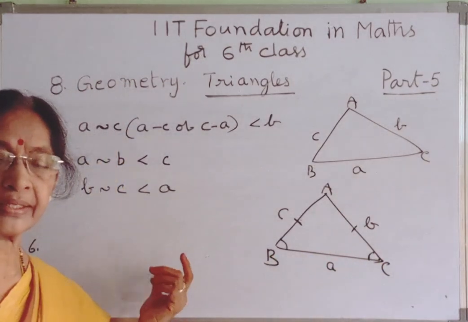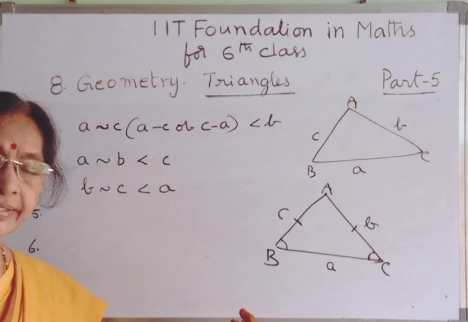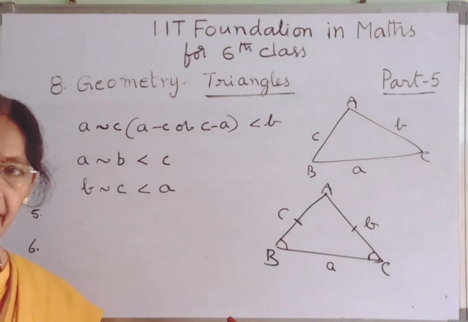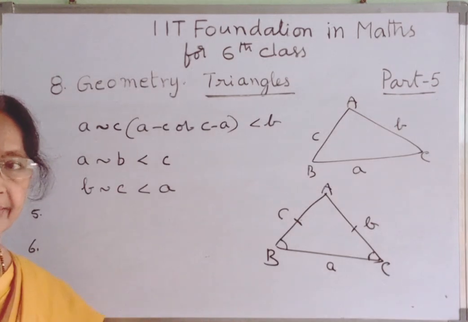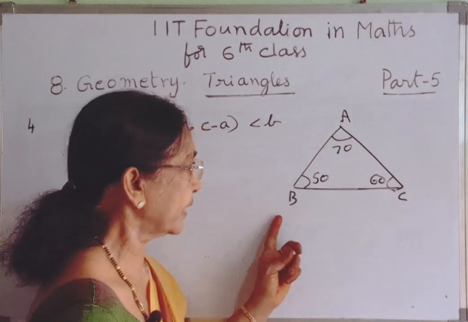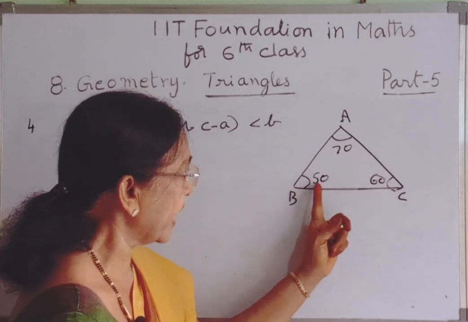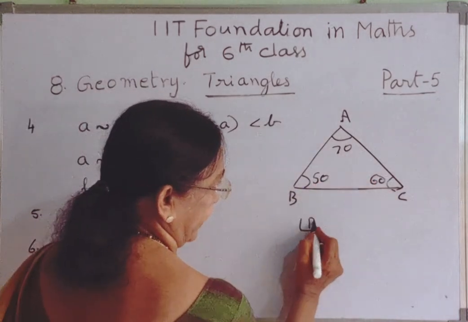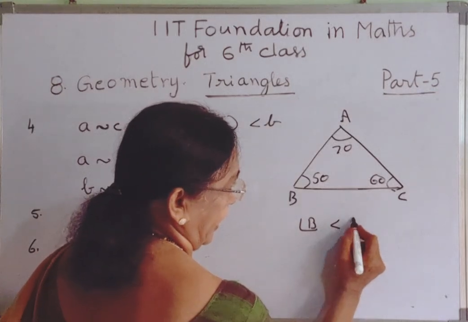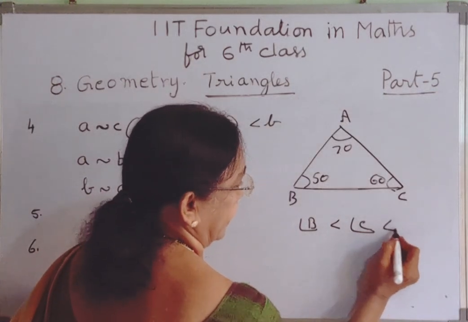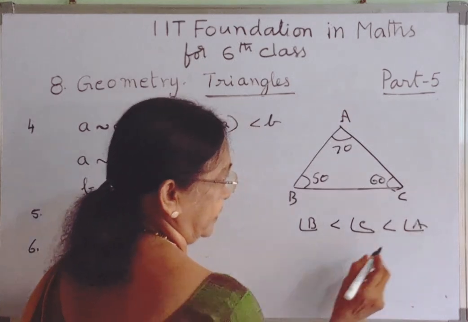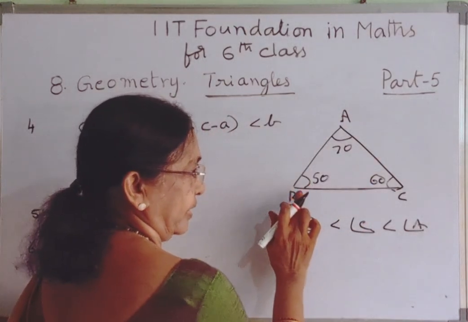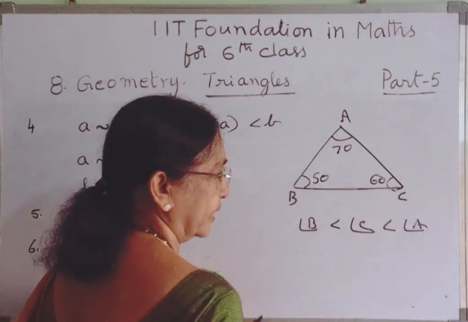If the angles in a triangle are in increasing order or decreasing order, then the sides opposite to those angles are also in the same order. Let us take a triangle ABC in which the angles are 50, 60 and 70. That is, angle B is less than angle C is less than angle A. So these are in increasing order.